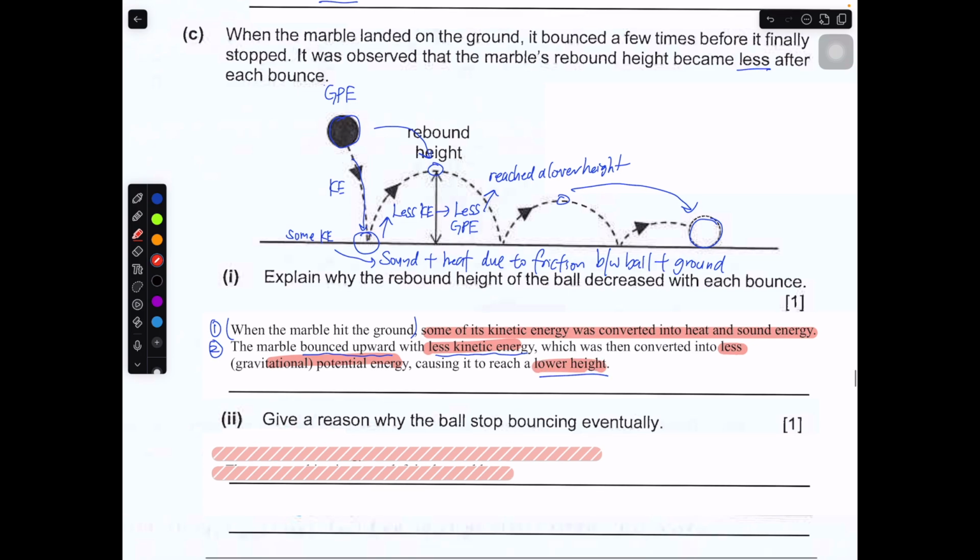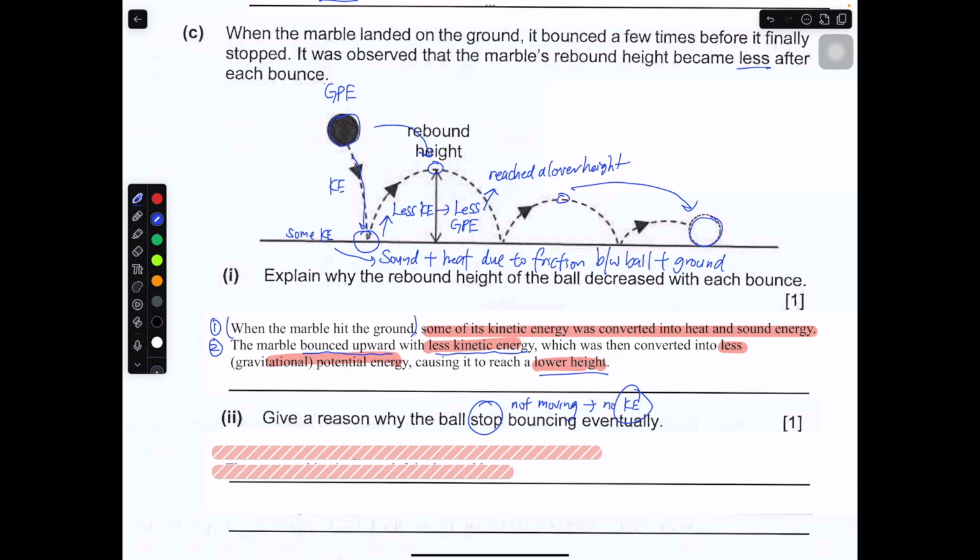Give a reason why the ball stopped. Stop means not moving. Not moving means no kinetic energy, no more KE. Where did all the energy go? You cannot say lost, because energy is never created nor destroyed. So it will always be converted.